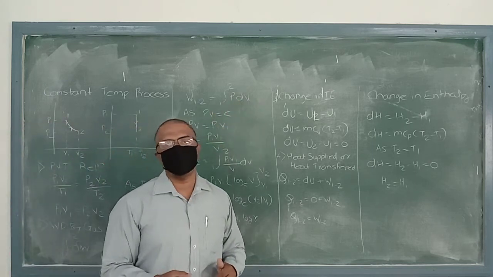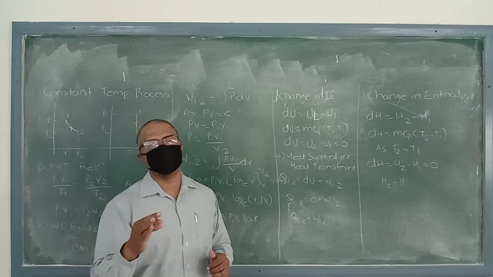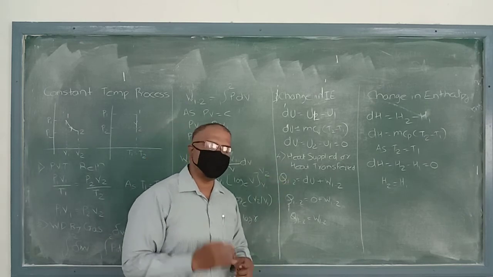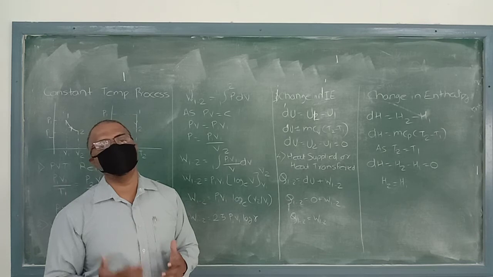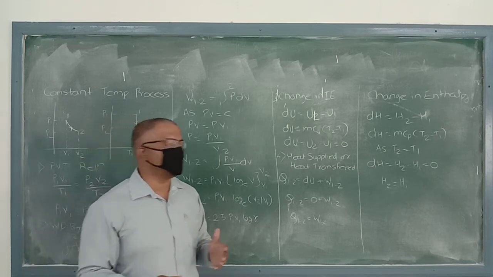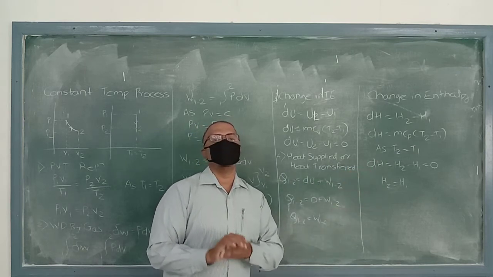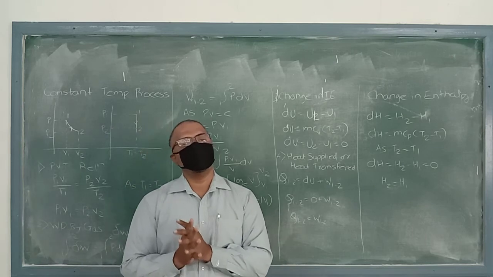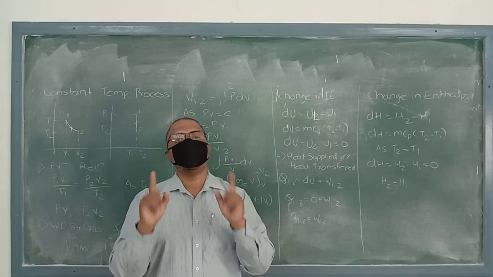Next, the change in internal energy, U2 minus U1 is equal to 0, so U2 is equal to U1. Next, heat supplied is utilized to do only work, as there is no change in the internal energy. And last, the change in the enthalpy, dH is equal to H2 minus H1, which is equal to 0, so H2 is equal to H1.